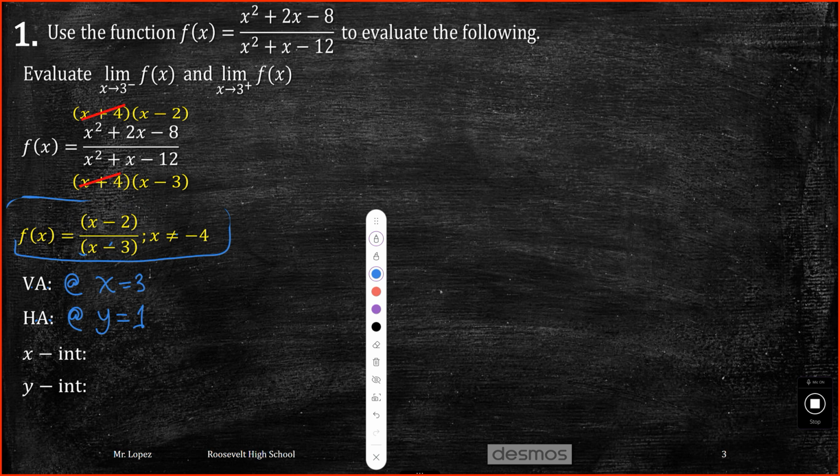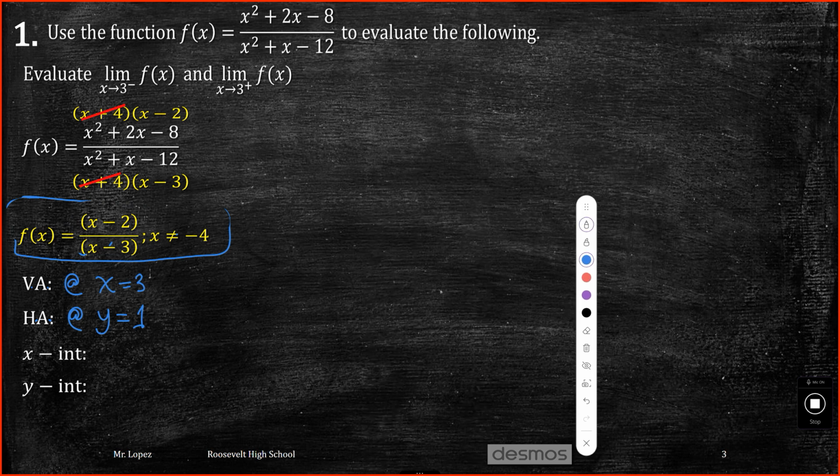Okay, how do we find the x-intercept? To find the x-intercept, we set the y equal to 0. So f of x is y. So that's going to be 0.